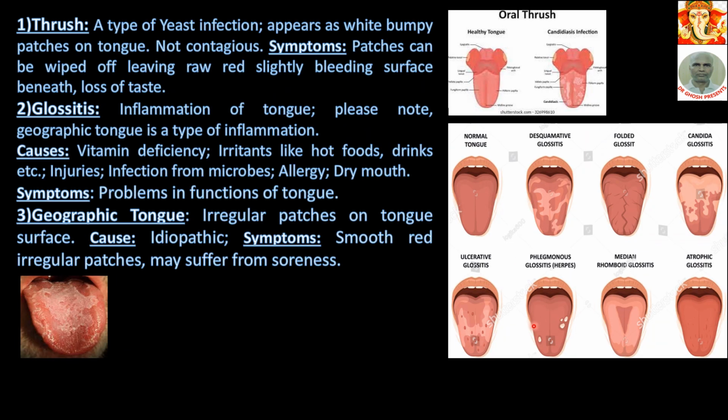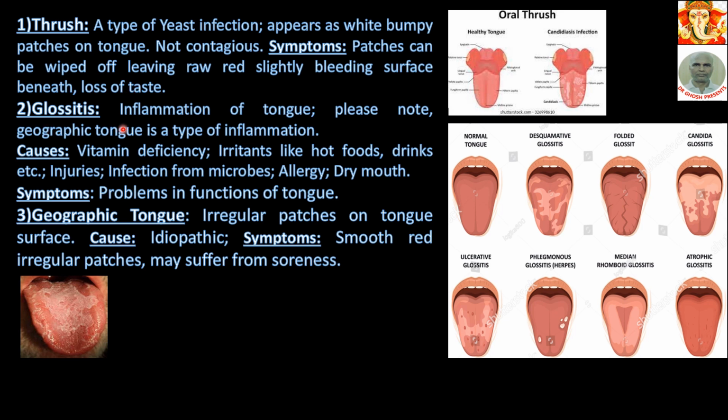One, thrush. A type of yeast infection that appears as white bumpy patches on the tongue. On the right hand side, the top picture of oral thrush has been shown. This is actually thrush. Symptoms: patches can be wiped off, leaving a raw red, slightly bleeding surface beneath, and loss of taste.